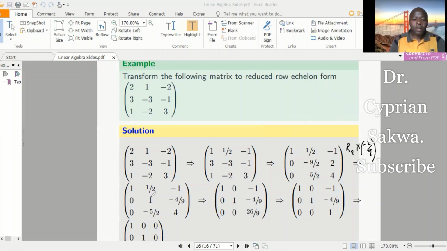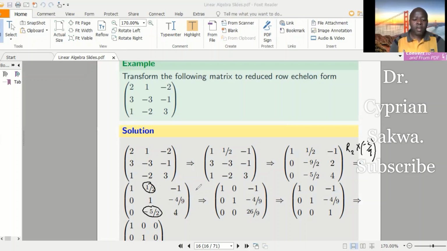Once I have this 1, I want it to be the only non-zero element in column 2. So I want to use it to make a 0 in this position and then a 0 in this position. How do I get a 0 in this position?